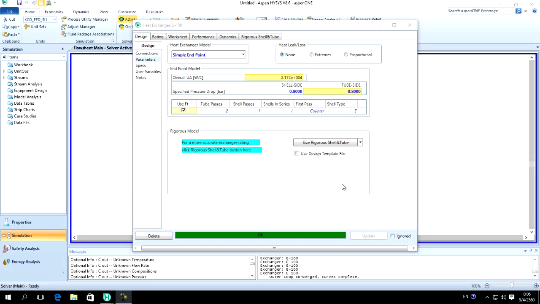Okay, now I can start doing the sizing by the rigorous heat exchanger method by clicking this.